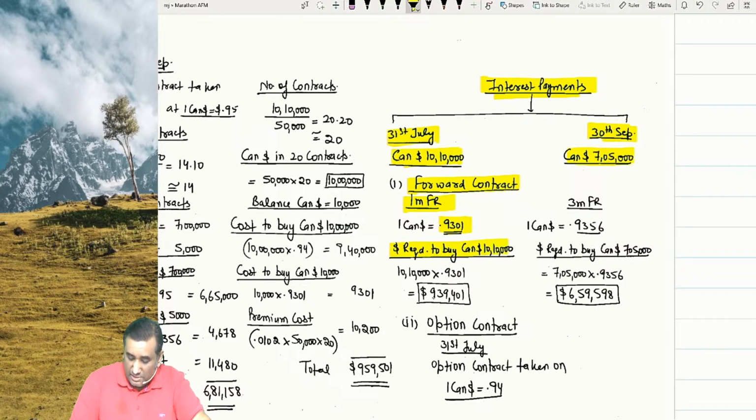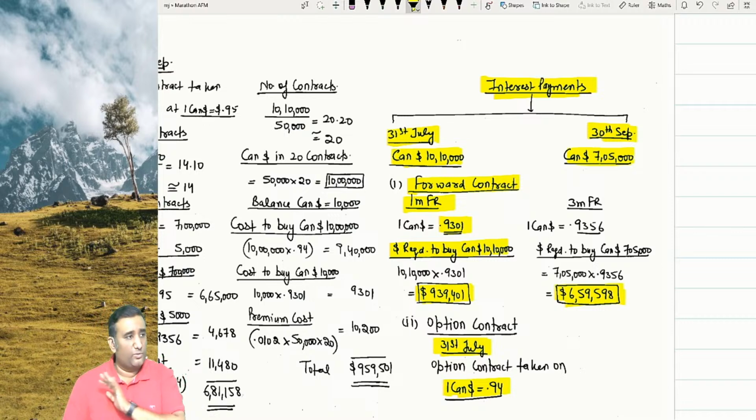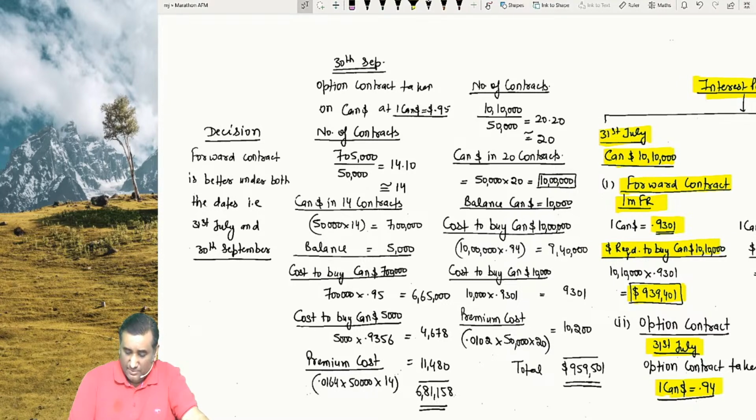Dollar required to buy this is straightforward. Option contract of 31st July, 1 Canadian dollar 0.94. Why did you cut down the put option? Because we required the call option. We do not require anything from the put option. And out of those 6 we need only 2: 94 cents for July and 95 for September.